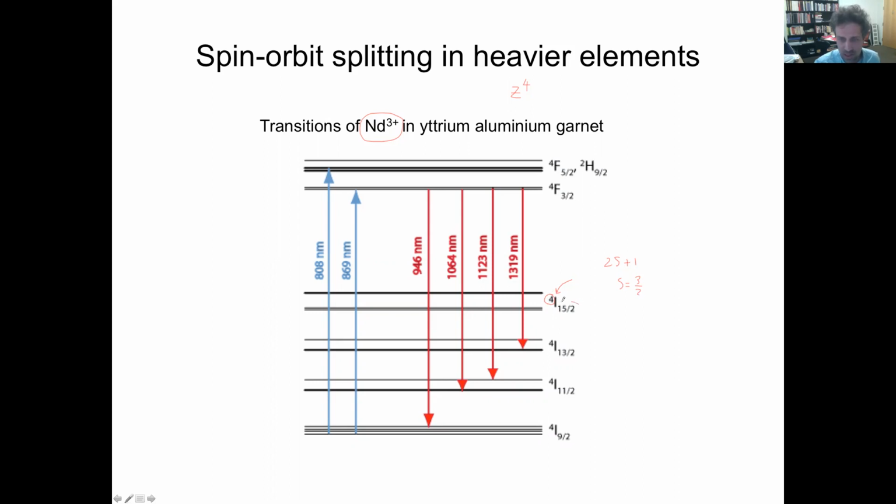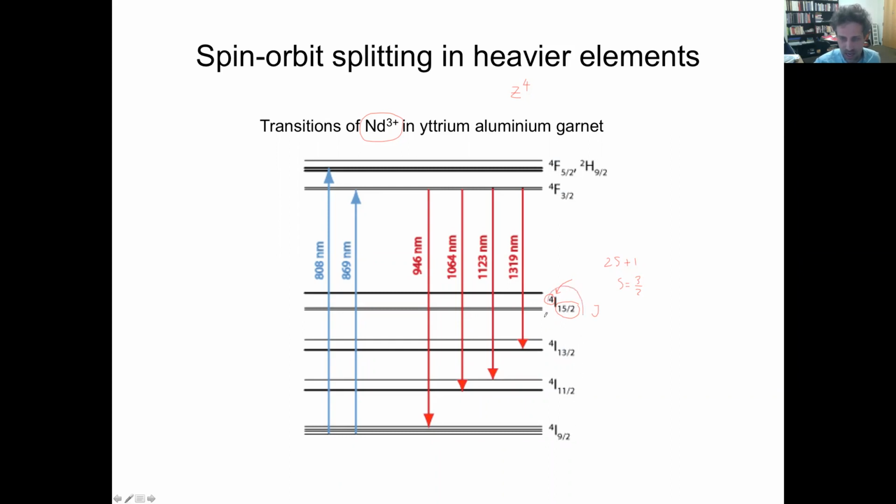And then I have something that looks even scarier, 15 over 2. That is J. Okay, so this J indicates how the orbital angular momentum and the spin angular momentum are coupled to one another. One way is that they form a total J of 15 over 2. There's other ones here as well.